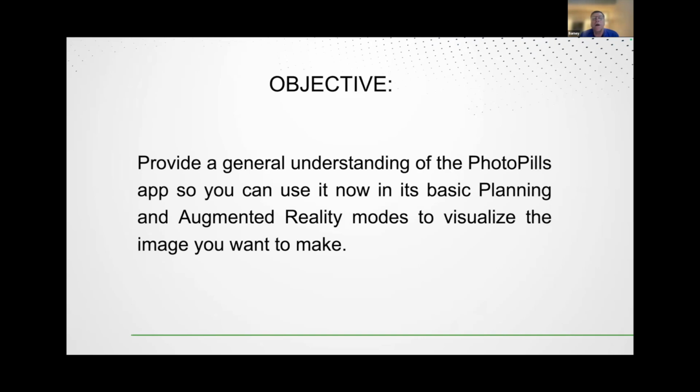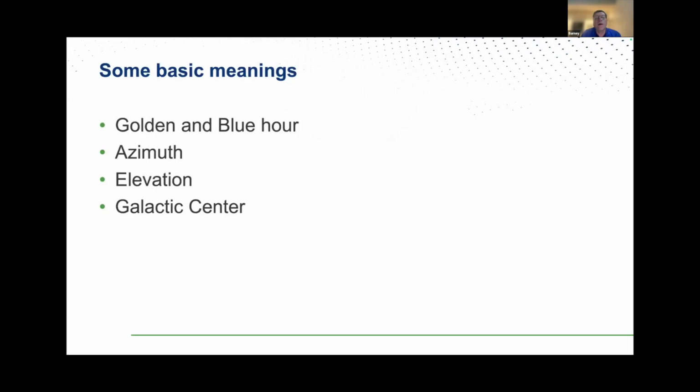And I'll use some site examples that we'll start with here in the area, like Snow King and Teton Village. When I was going through this, I was thinking there are some basic meanings I think we need to make sure that we're all on the same page.